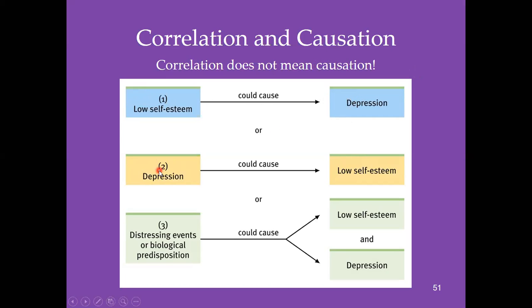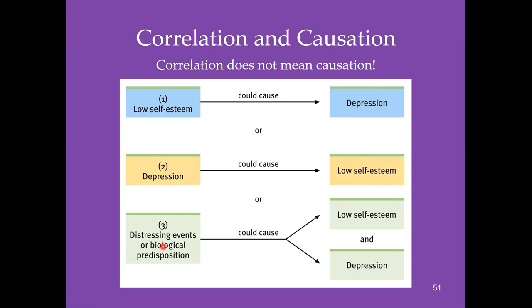It could be the fact that when people are depressed, their self-esteem lowers. We don't know from that correlational study whether one is causing the other or the other is causing that relationship, or for that matter, it could be a third factor that is producing that correlation, that statistical relationship.